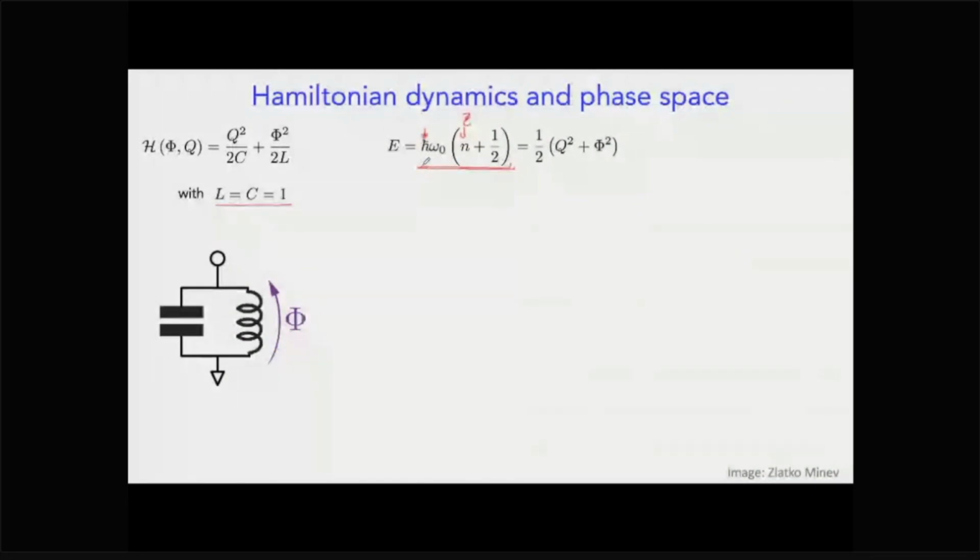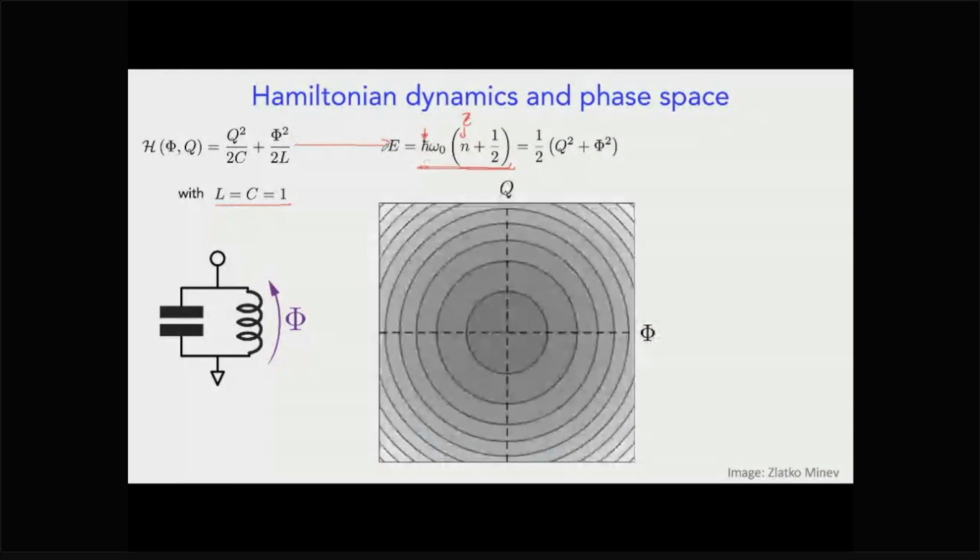And that equals 1/2 q squared plus phi squared in terms of the Hamiltonian, right? The Hamiltonian is supposed to describe the total energy of the circuit. Now, what does that remind you of? Well, if you fix the energy and you say that you have x squared plus p squared, or q squared plus phi squared, equal to fixed energy, in phase space, in the space of position and momentum, or phi and q, the equipotentials of energy give circles for the trajectories.